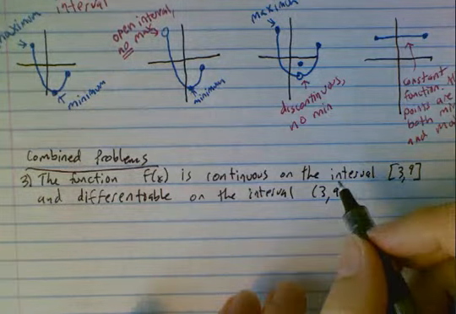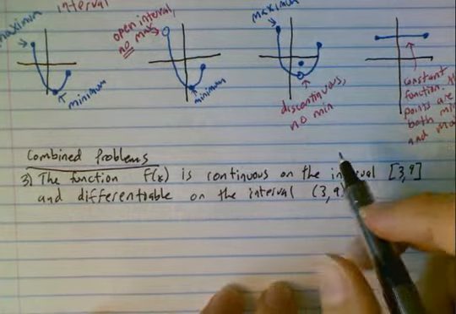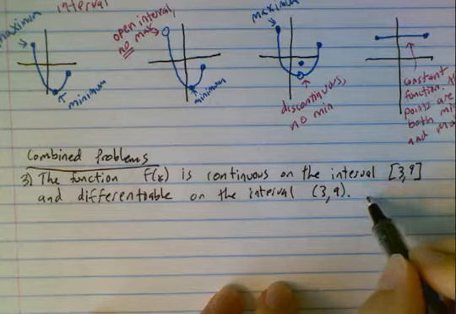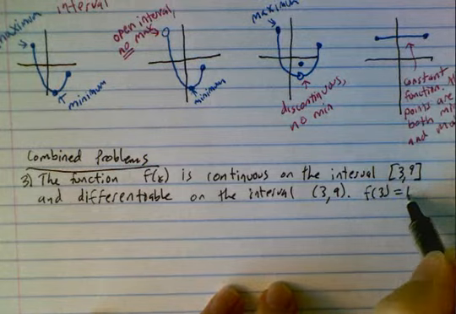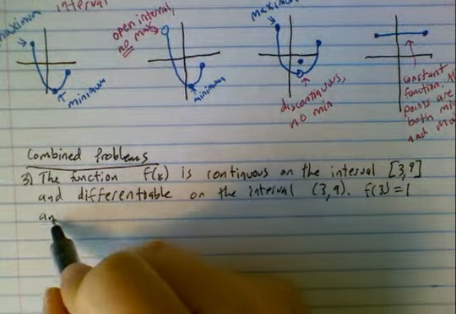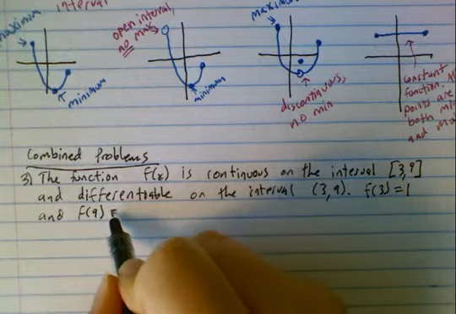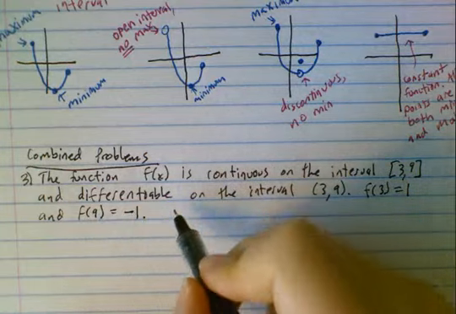It's an open interval. F of 3 equals 1, and f of 9 equals -1.